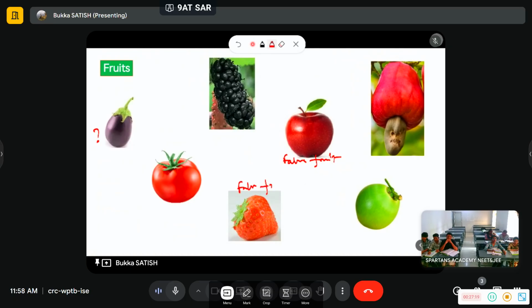Okay, false fruit. What about brinjal? What about brinjal? Is it a fruit or not?